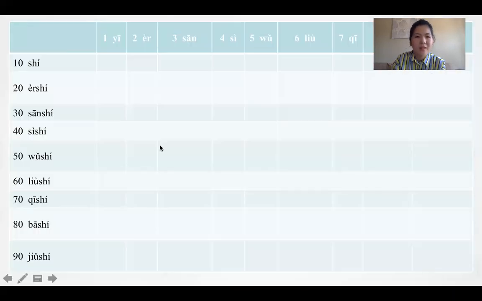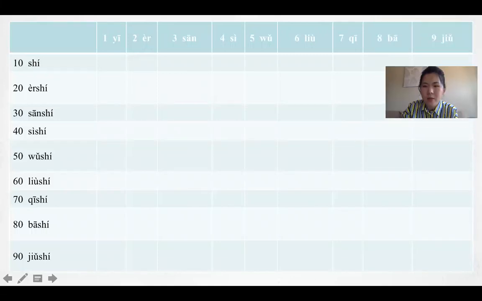Okay, now let's see here. We have 1, 2, 3, 4 to 10, and 1 to 9 over here on top. Maybe I'm covering it. Then we have 10, 20, 30, 40, 50, 60, 70, 80, 90.